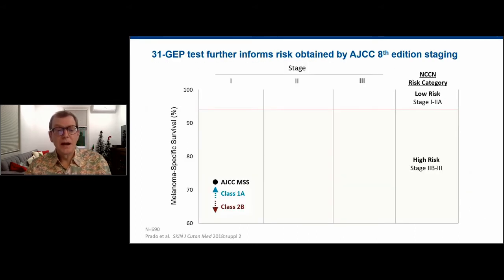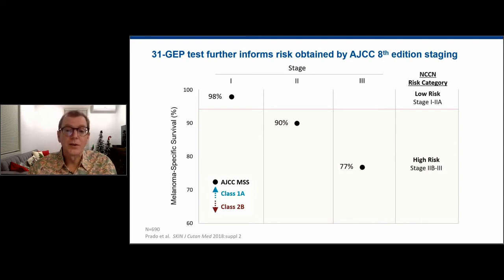So now we're going back to the Gassman 690 patients, and when you look at the melanoma specific survival of these 690 patients broken down by stage, what you see on the left here is that those patients had in stage 1 a 98% melanoma specific survival, which is above this red line here, which represents the NCCN low risk category.